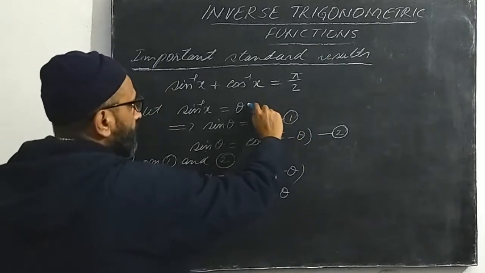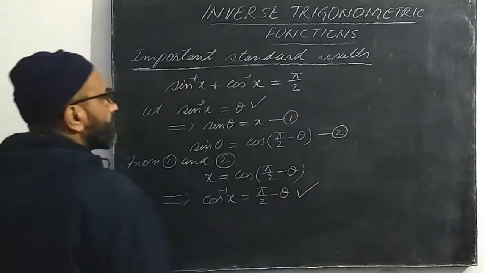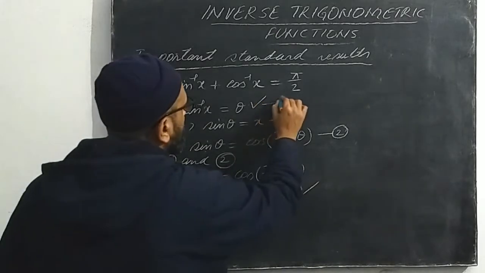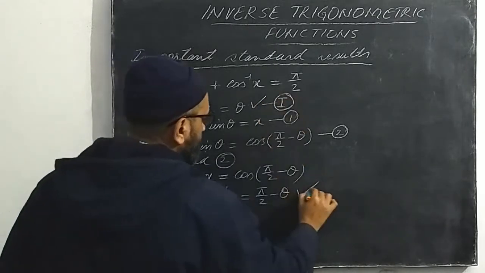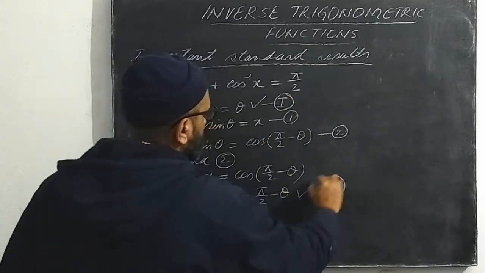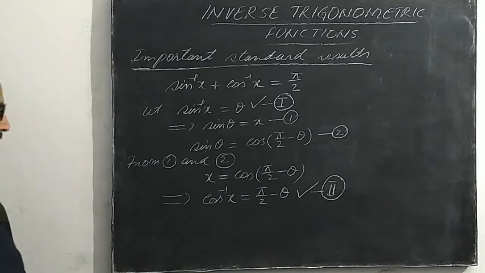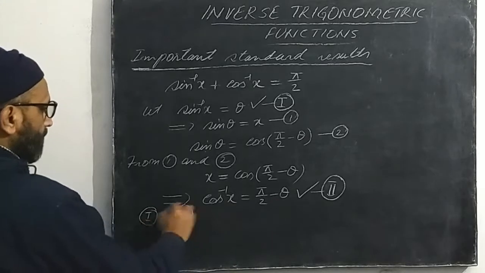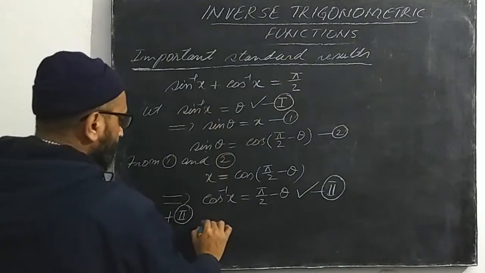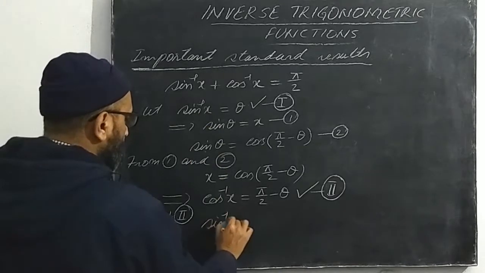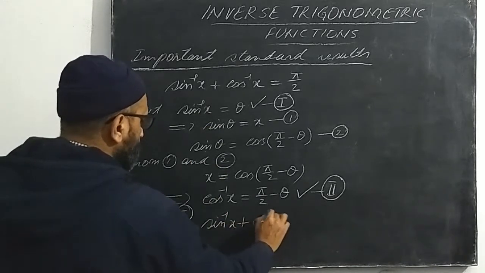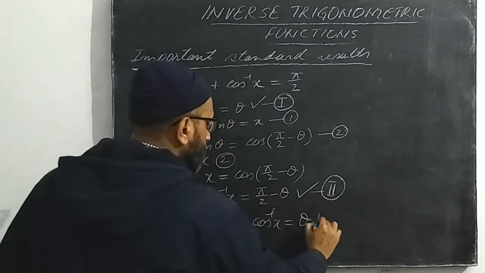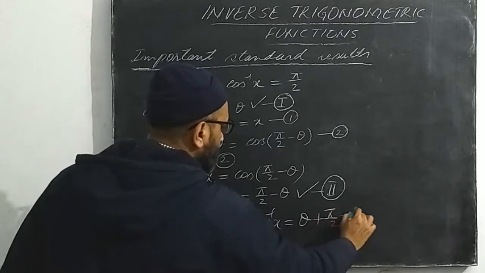So if we add up this result and this result, first equation and second equation, on the left hand side we get sine inverse x plus cos inverse x, and on the right hand side we get theta plus pi by 2 minus theta.